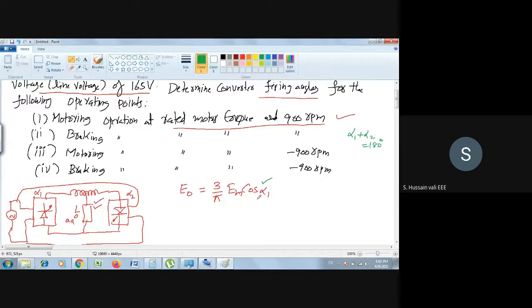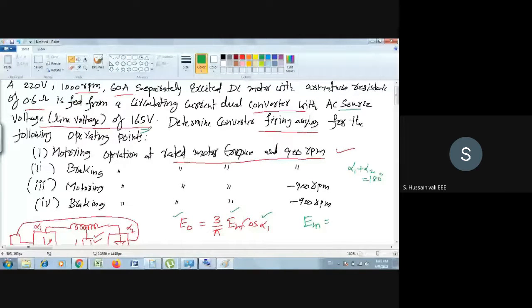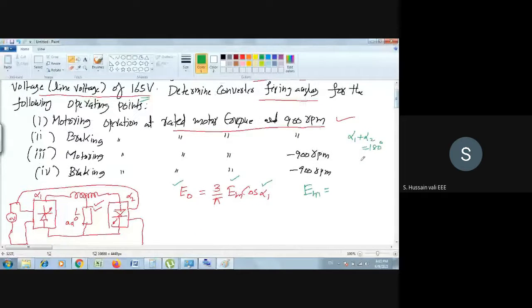So if you know alpha 1, you can easily find out alpha 2. So to find out alpha 1, what do you require? You require E naught, you require Em. So one by one we will see. What is Em? Em is the maximum value of the supply voltage. First of all, he has given an AC source voltage of 165. So RMS value he has given. Then what is the maximum value? 165 into root 2.